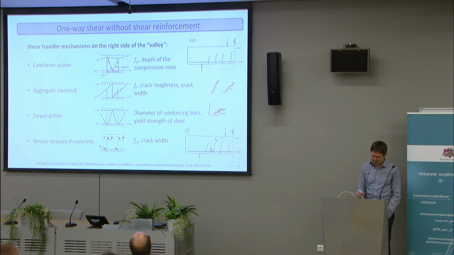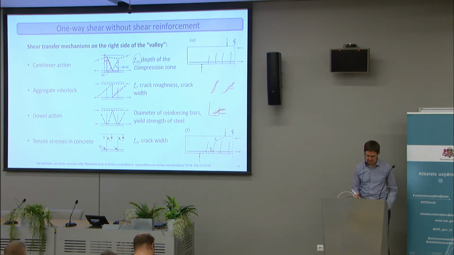And he also looked at all the different parameters that affect the efficiency of each mechanism. With cantilever action, it's the tensile strength of concrete, because it's the tie that has to carry the load, and the depth of the compression zone, basically how long the uncracked part is, how long the concrete tooth is that has to carry the load.